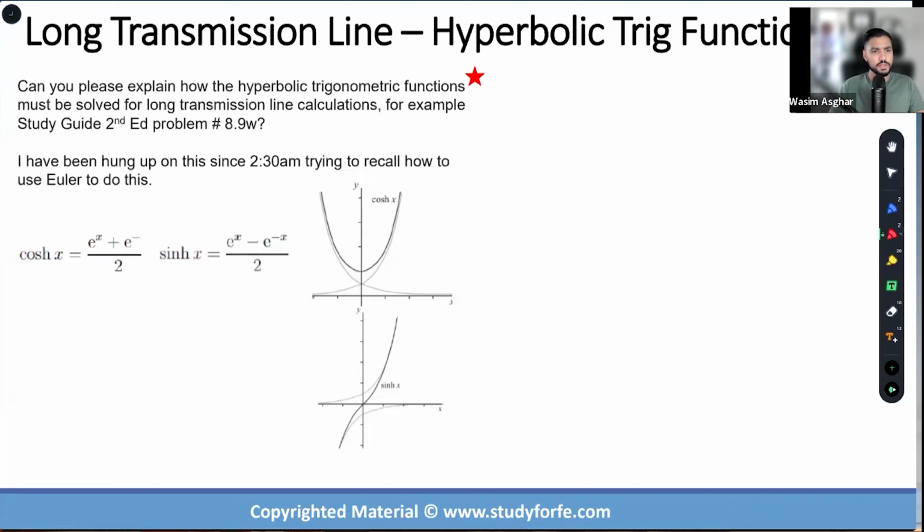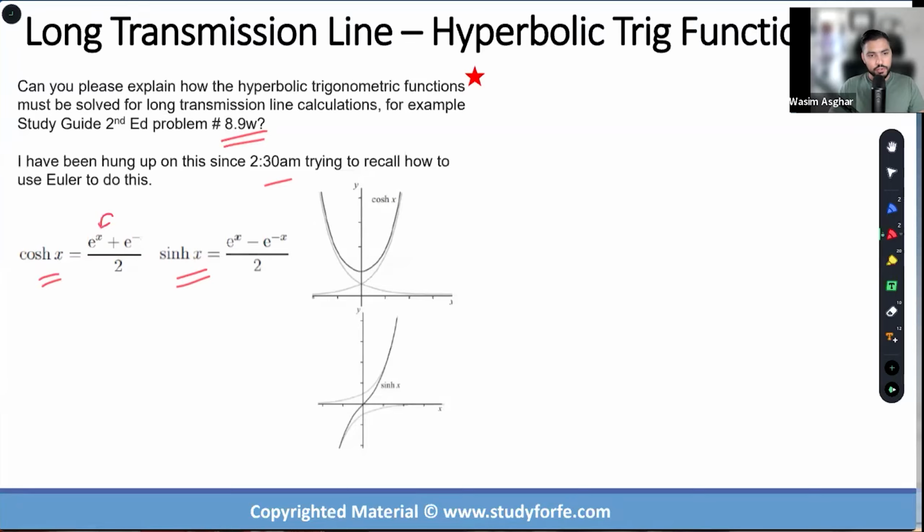The student is referencing study guide, second edition, problem number 8.9, and said he was at it until 2:30 in the morning. He reached out to me asking, Wasim, can you please provide a stepwise approach on how to deal with it? The issue is that when we are dealing with real numbers, the formula for sine hyperbolic x and cosine hyperbolic x is very simple.